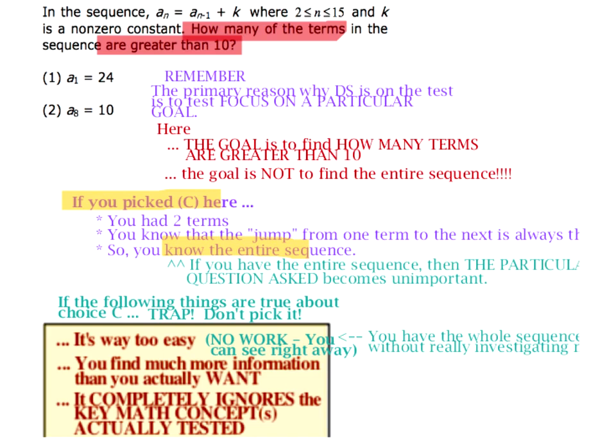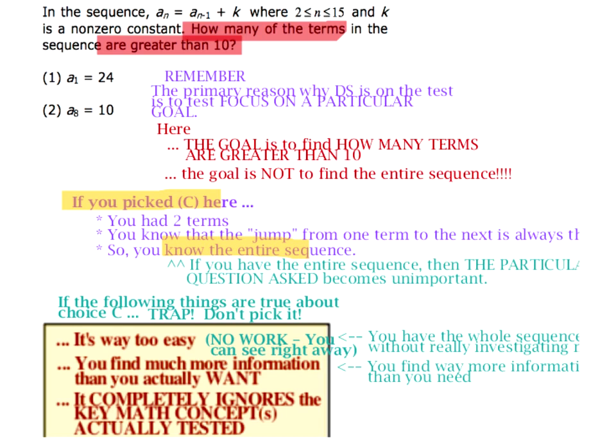You find way more information than you need. Like in this problem, if you pick C, then you have the entire sequence instead of just an answer to the question that you want.